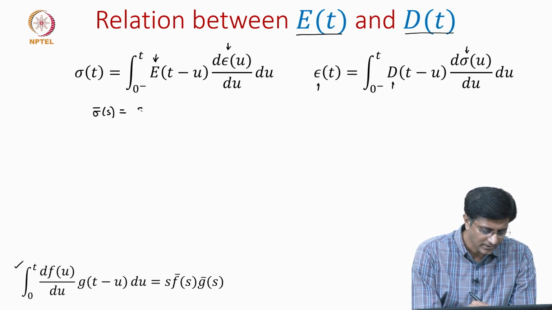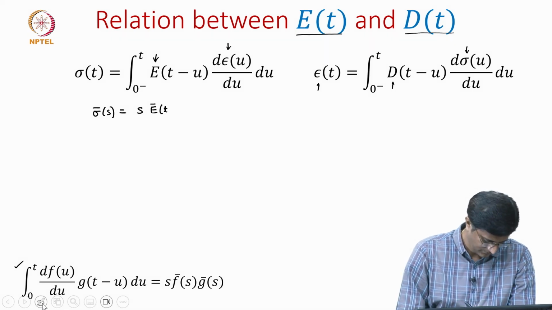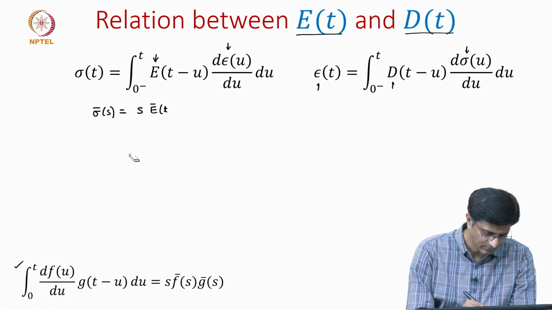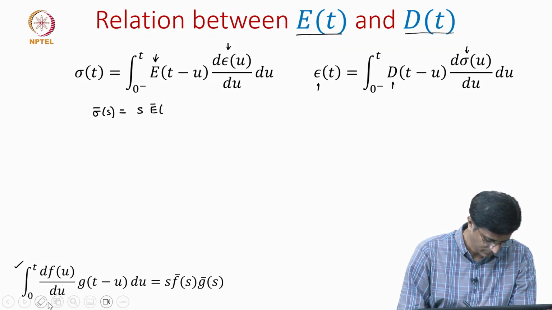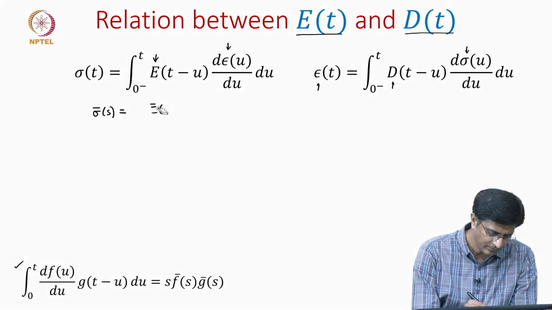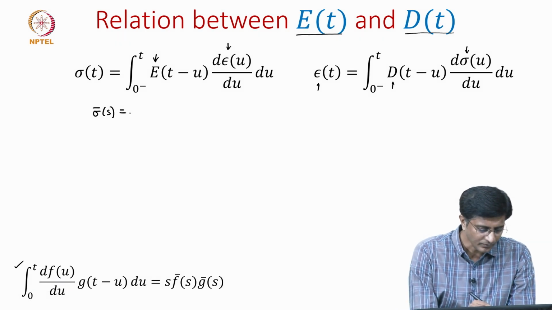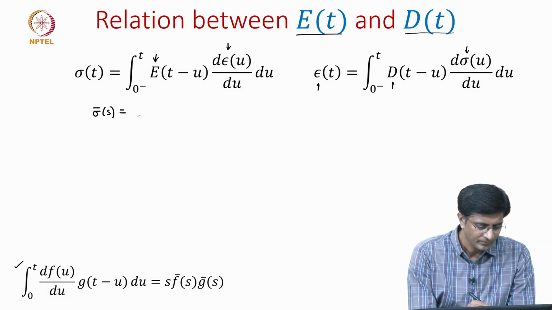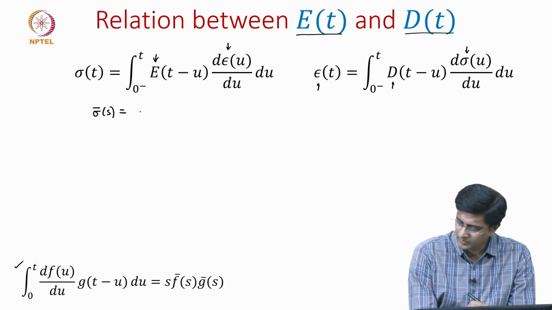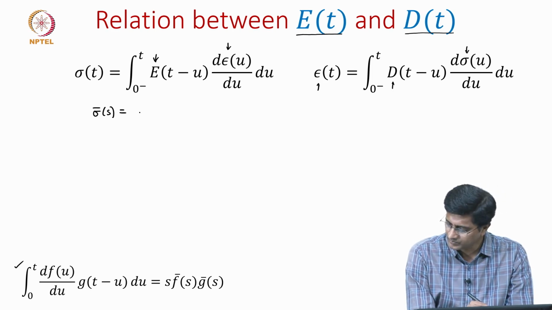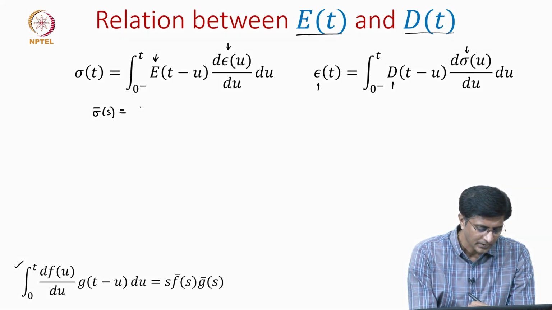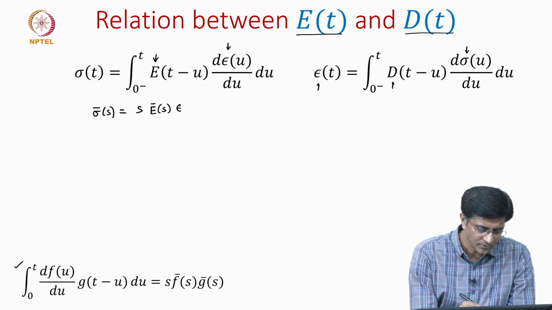This should be written as s times E of s product epsilon of s.